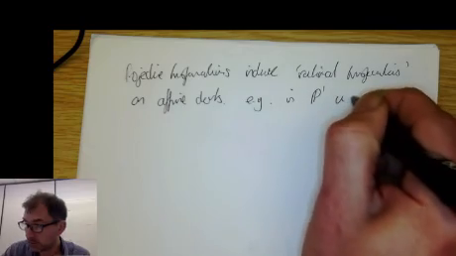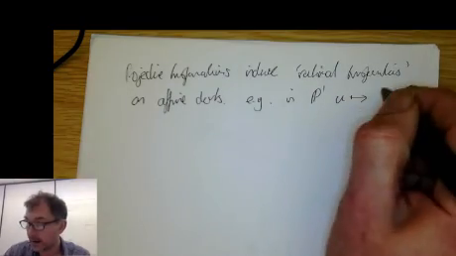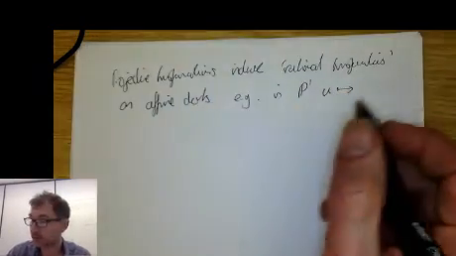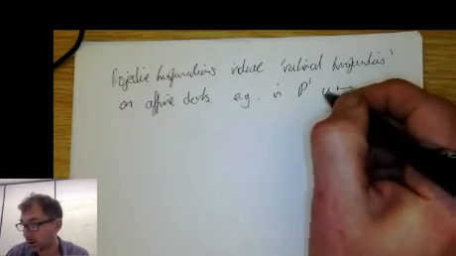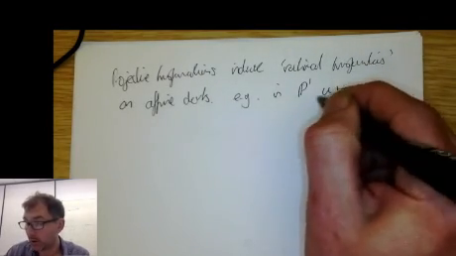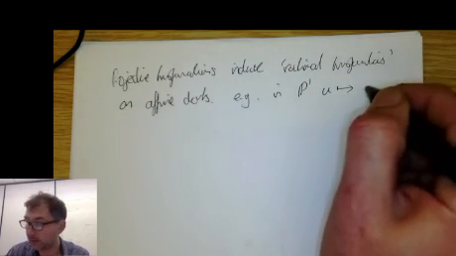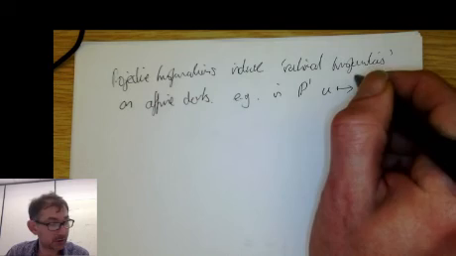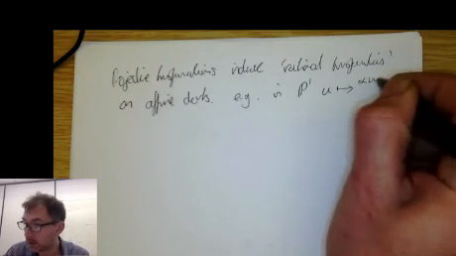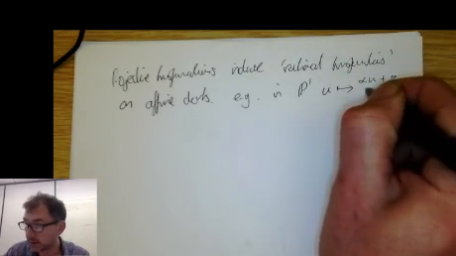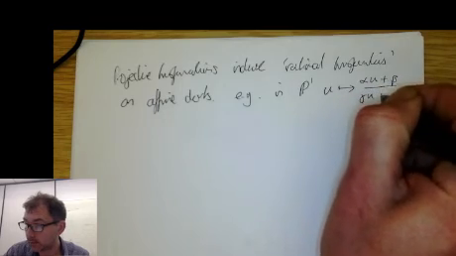A map that took an element U in P1, so of course this would be on an affine chart in P1, on a normal affine line, where it maps to literally a ratio, alpha U plus beta over gamma U plus delta.